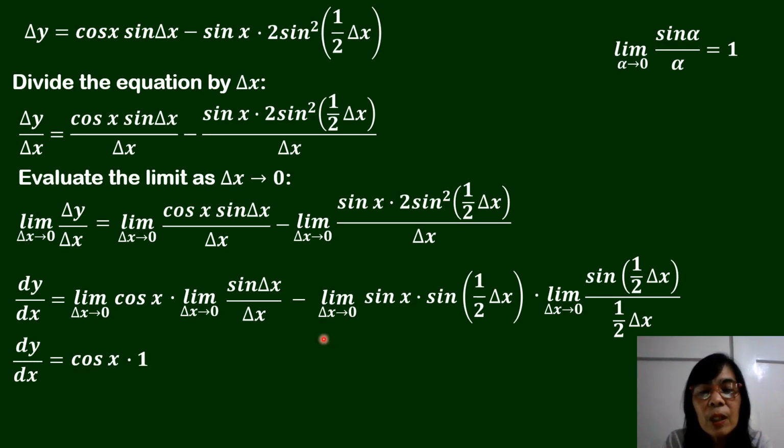Then we have in here the limit of sine x, so we just copy sine x. And then we have sine 1 half delta x, so we substitute delta x equal to 0. So sine 0 is 0. And then the limit of sine 1 half delta x over 1 half delta x, applying this theorem, is equal to 1.